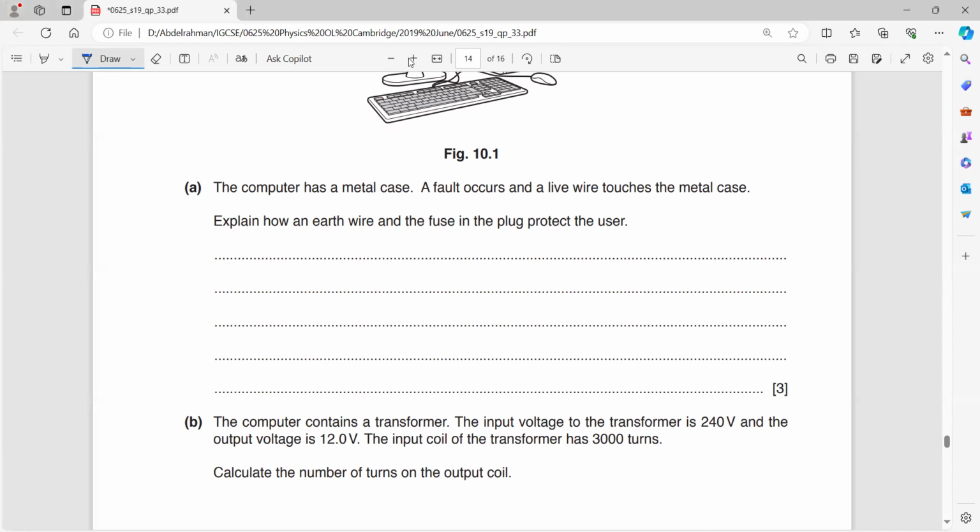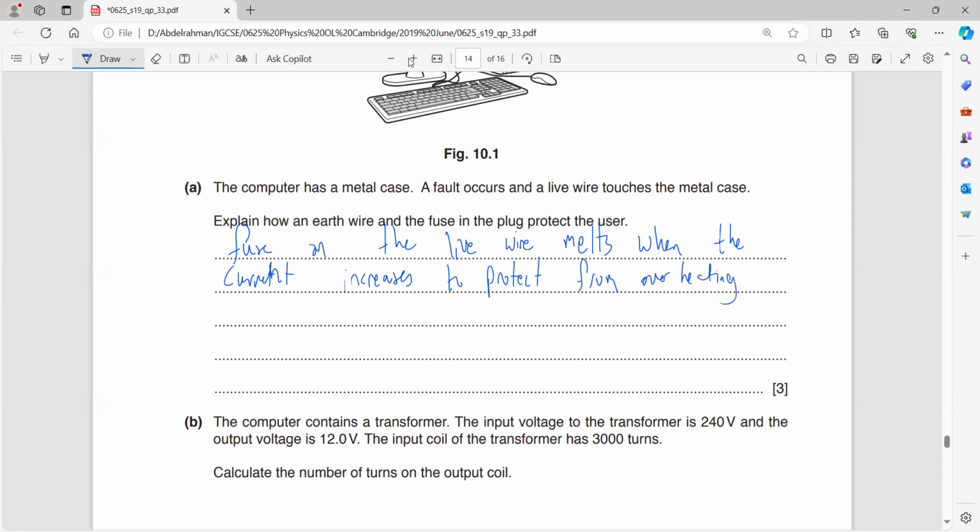The fuse is on the live wire, and it melts when the current increases, to protect from overheating.